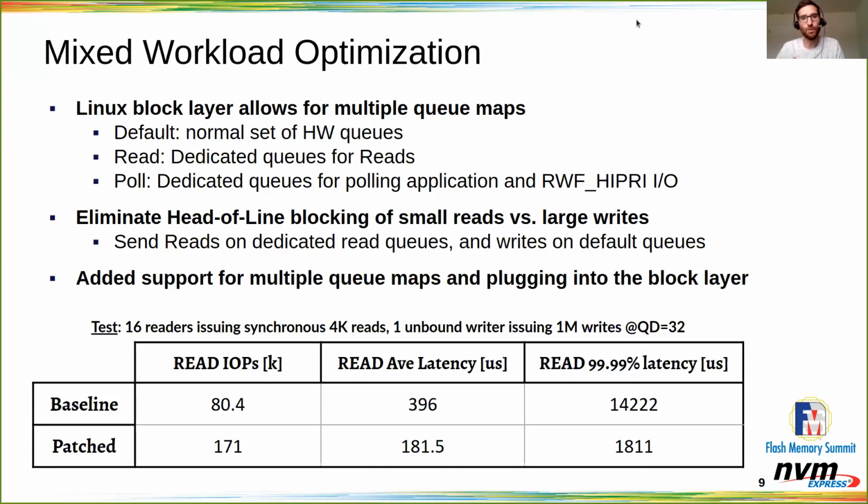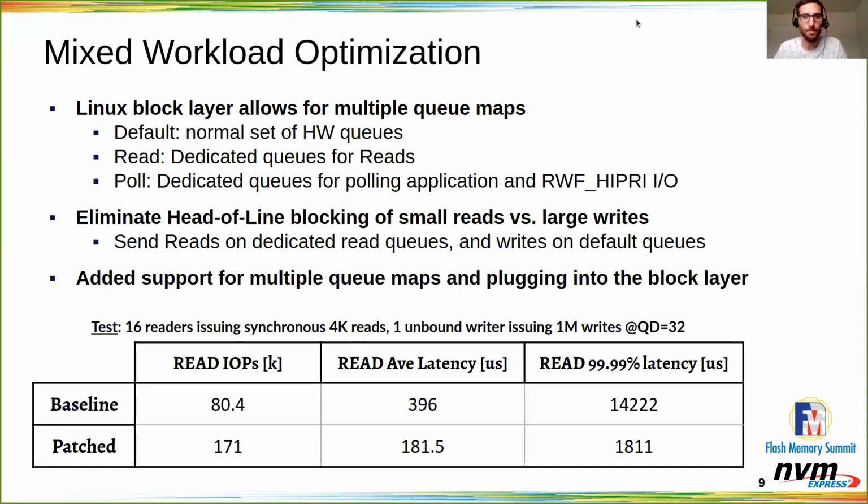Now, what we did with that is, once we have mixed workloads, we have different readers and writers that are all hosted on the same application, or even different applications on the same host. These reads and writes are now steered through different queues, so they will never see head of line blocking between reads and writes.